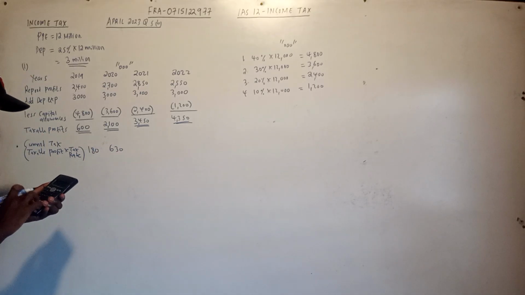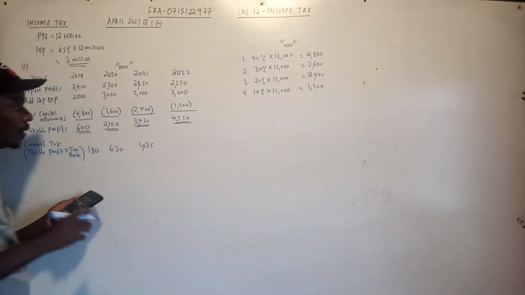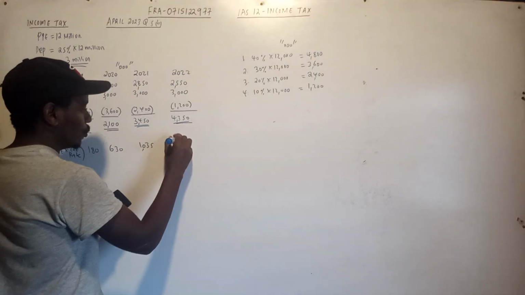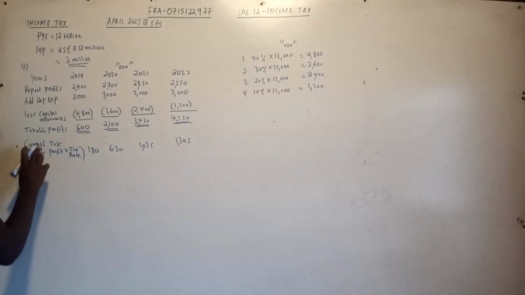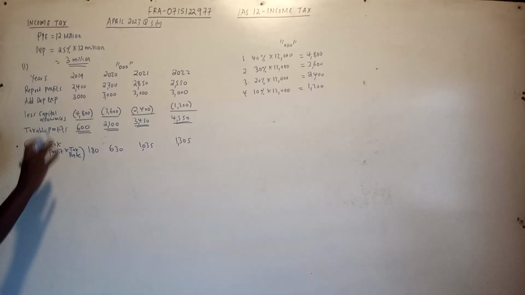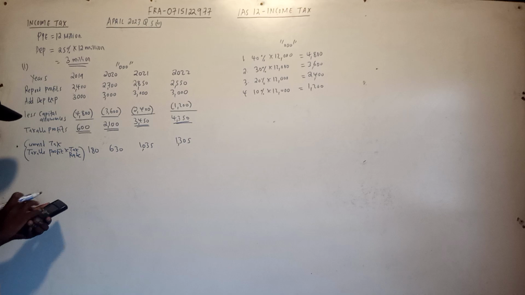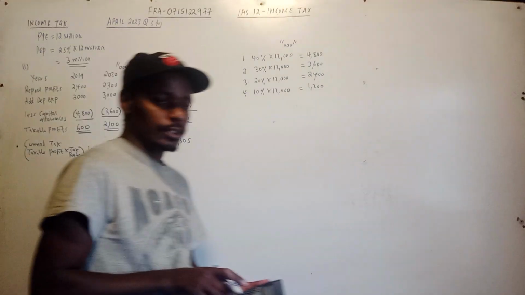Then you have 3,450 times 30%. Then 4,350 times 30%. That is 1,305. So that is the current tax for the period 2019, 2020, 2021, and 2022. So that part A is done.